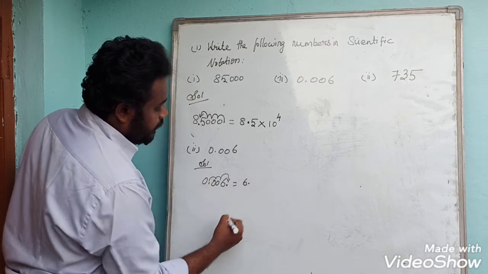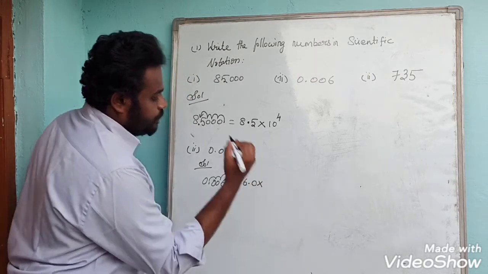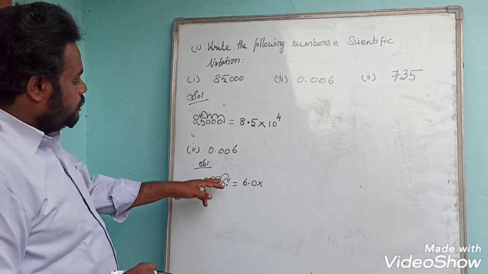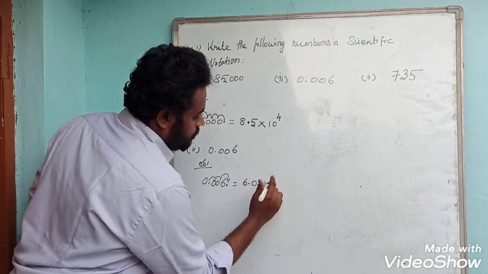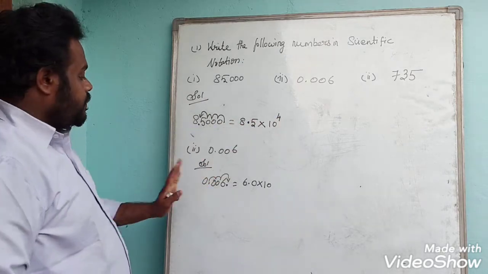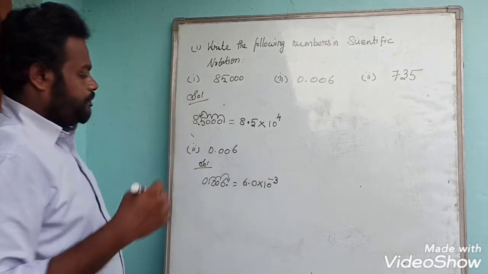That means 6.0 into 10, how many places? 1, 2, 3 places. Left means we take the power positive, right means we take the negative.